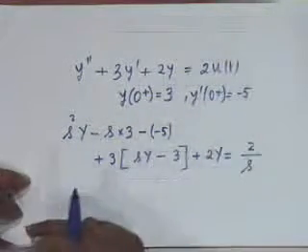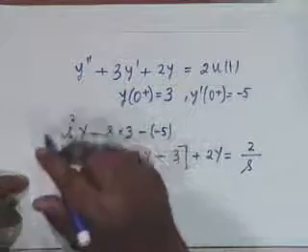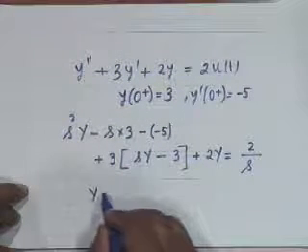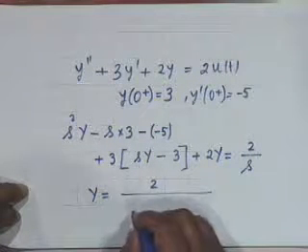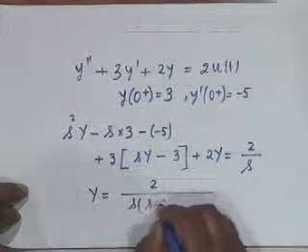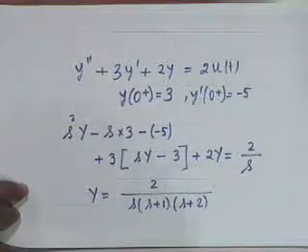As far as u(t) is concerned, bilateral or unilateral, does it matter? No, it doesn't matter. Now from here you can find out Y(s), and the Y(s) that you get after simplification is 2 divided by s(s+1)(s+2).